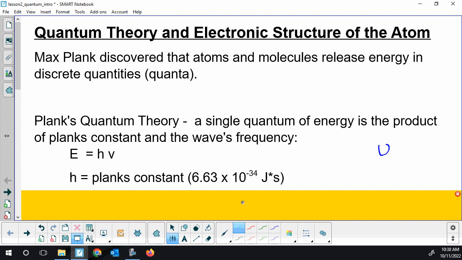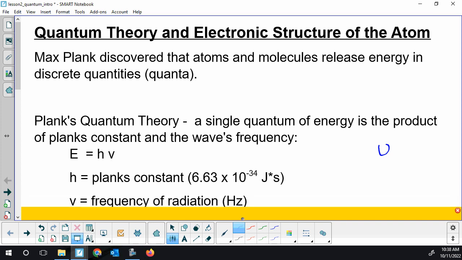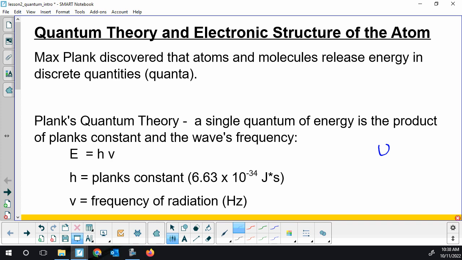So H is 6.6-ish times 10 to the minus 34. Joule seconds are its unit. And nu is the frequency, and that's measured in hertz. How many waves go by per second for an electromagnetic wave? So it's not a sound wave or an ocean wave we're used to. It's the type of waves that are in light.